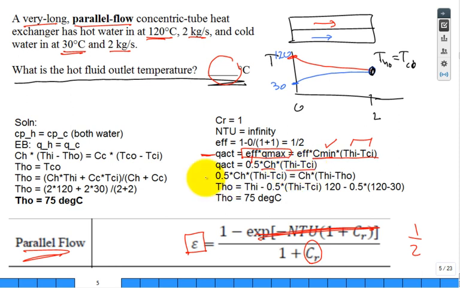And then you just equate the actual to what happens with the hot fluid. And so the hot fluid's heat capacity rates cancel. And then I have this equation, I just have algebra: temperature hot out equals temperature hot in, 120, minus a half times 120 minus 30, which gives us what we anticipated.